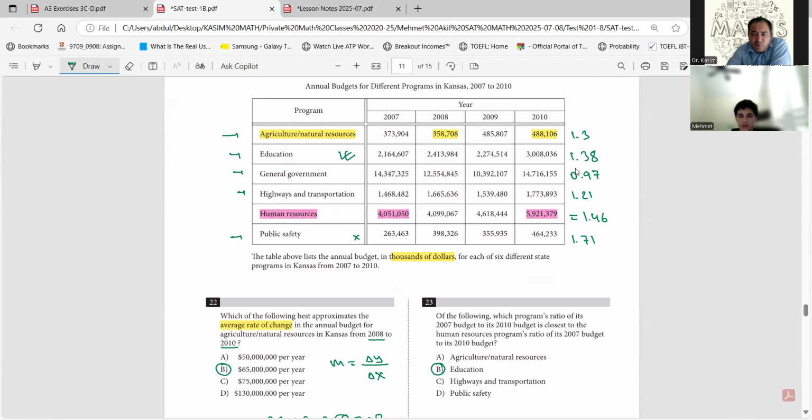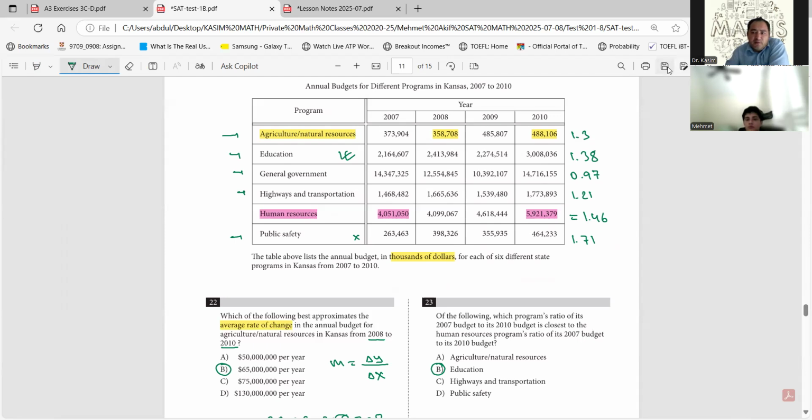So if you take the ratio, it's 1.4 something. But the last one, 263 and 464, the difference is quite big, right? And this one is 146. At least we can eliminate some of them, if you think that it's not very close. Like, for example, general government, 14 something, 14 something is very close to 1.